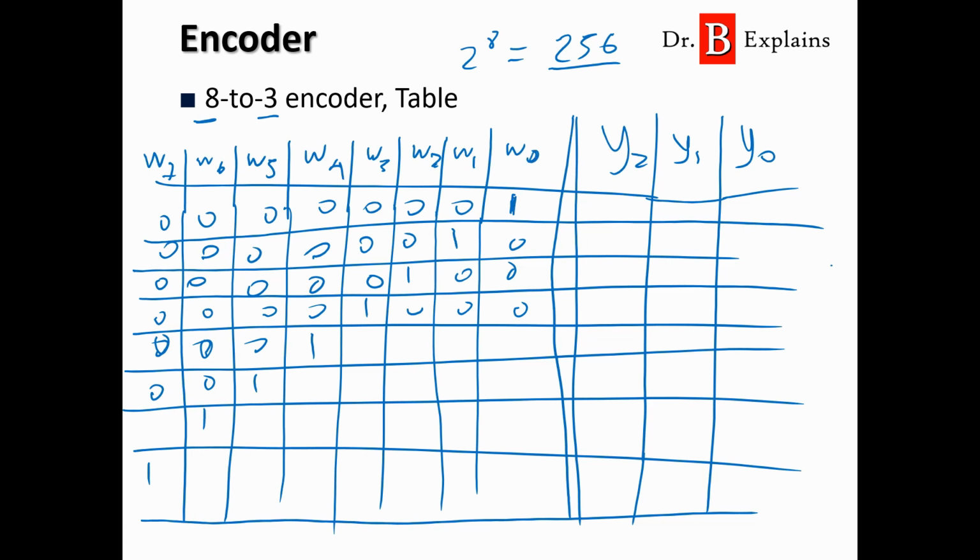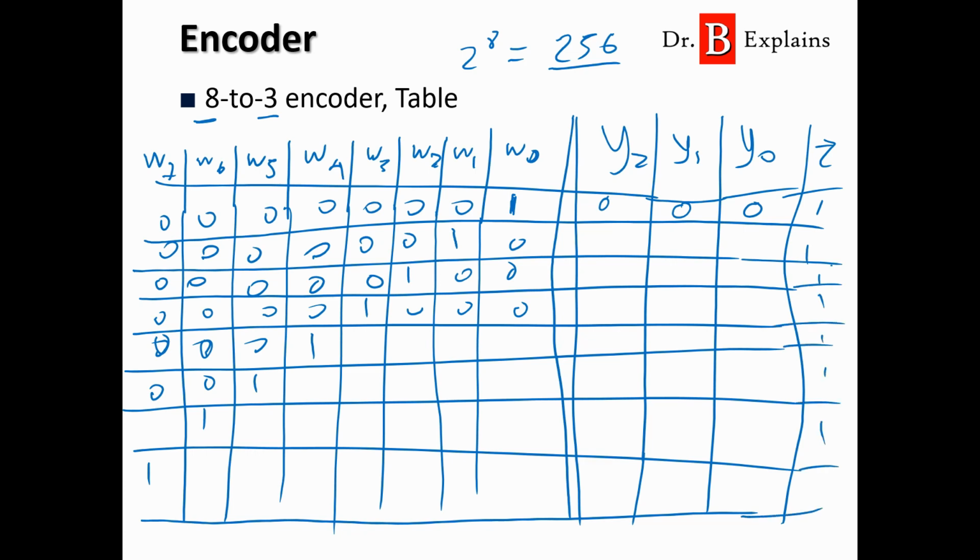And so whenever this is W0, then we have a 0, 0, 0. And remember, we can also have a C. So in this case, we have the C is equal to 1. We can have another row where C is a 0 and all of our inputs are 0, but I'm not going to include that here. So in the case of W1 being a 1, then we have a 0, 0, 1.